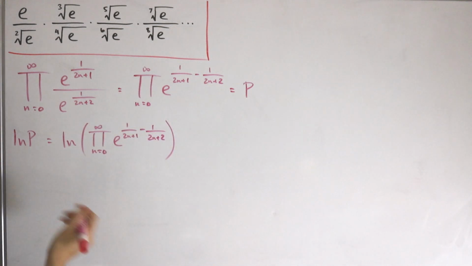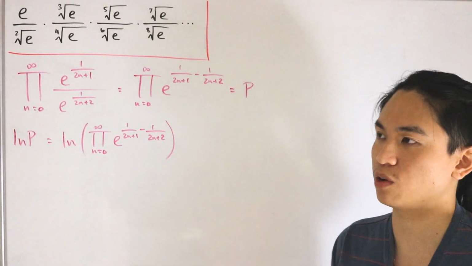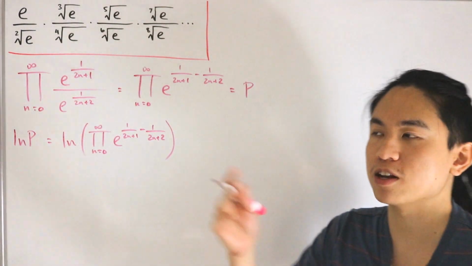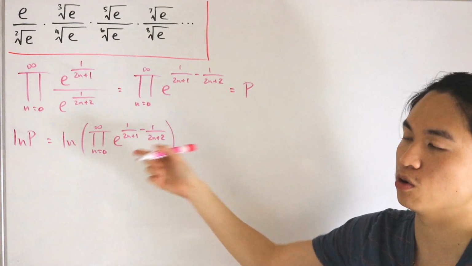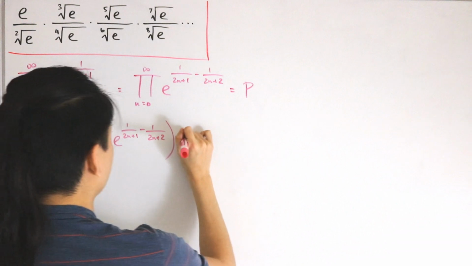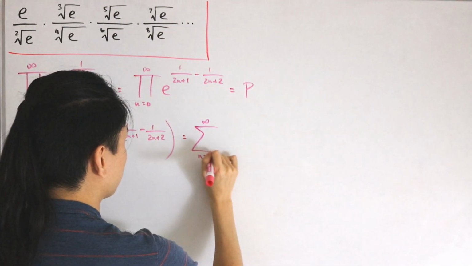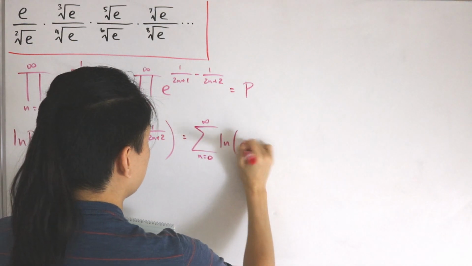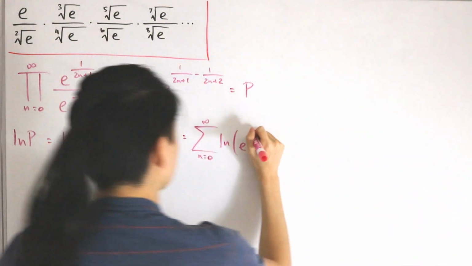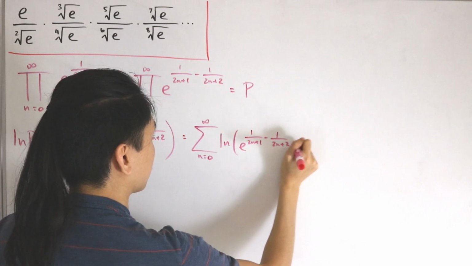Okay, so with that in mind, we know that if we take the natural log of the infinite product, that converts to the infinite sum of the natural log of what's inside our product. So using that continuity, we have the infinite sum at n equal to 0 of ln of e to the power of this entire thing, 1 divided by 2n plus 1 minus 1 divided by 2n plus 2.